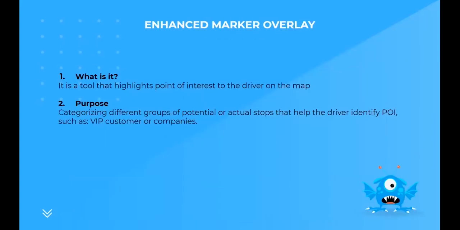So our second command is the enhanced marker overlay. It's a feature designed to highlight points of interest to the driver. They are not necessarily associated to the route, although there can be some shared addresses. What it does is display some icons with extra information in the places that you want to stand out.